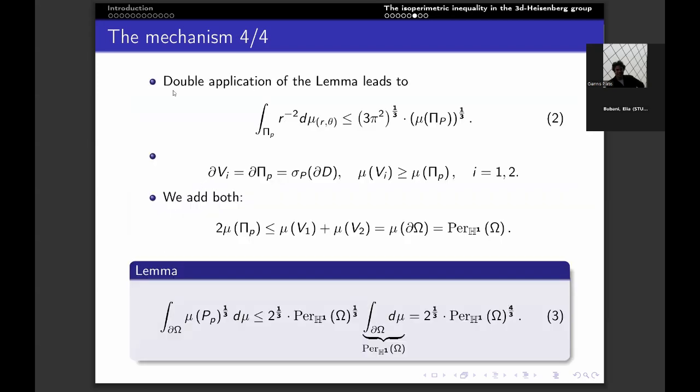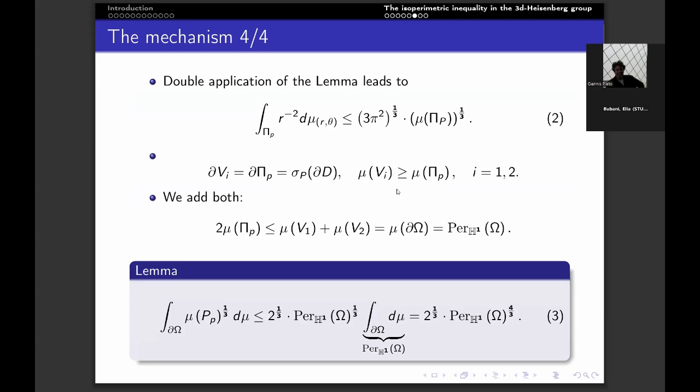We apply two times the previous lemma, and we will use the fact that this area of the plane, let's call it sigma at p, the Greek p at the point p, is practically the boundary of the image of the boundary of D using the section map.